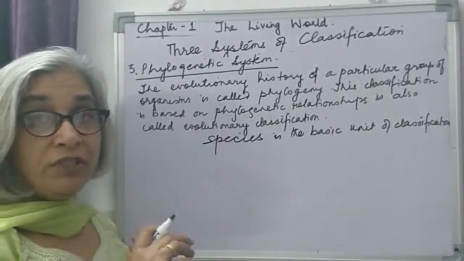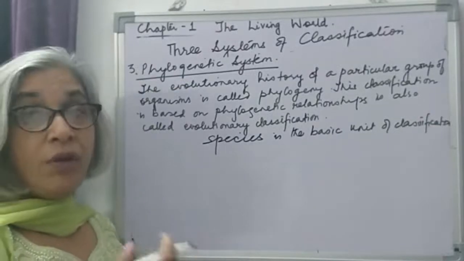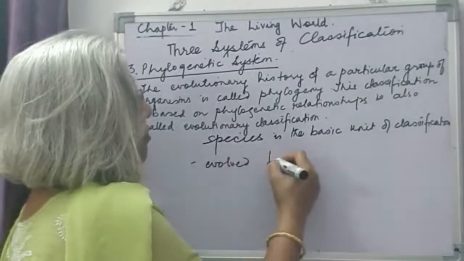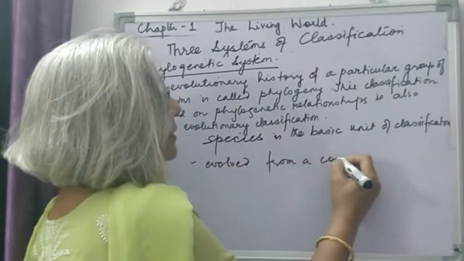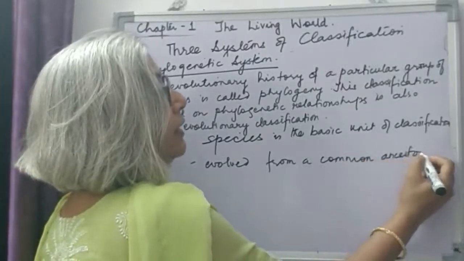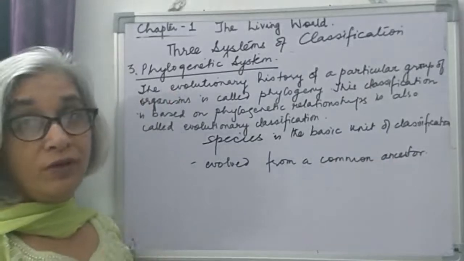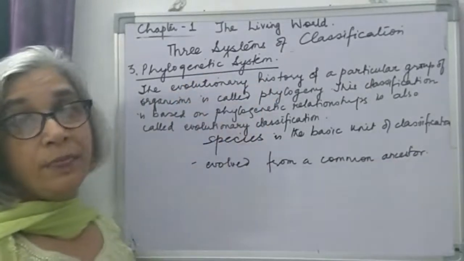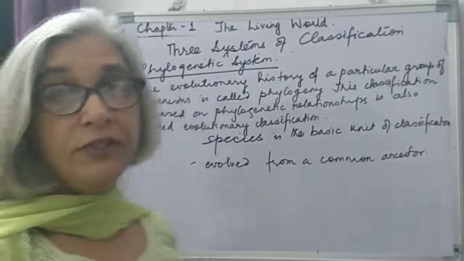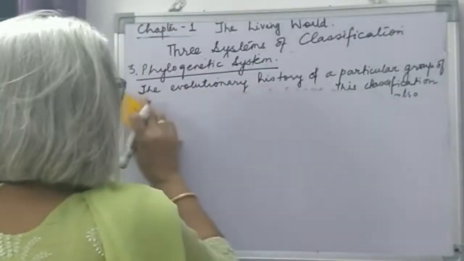So these species have a lot of resemblances with each other because they are believed to have evolved from a common ancestor, and that is why they have similarities and they are placed in the same group. So this is the third system, the phylogenetic system of classification. After this, we will do the 3-domain system of classification.